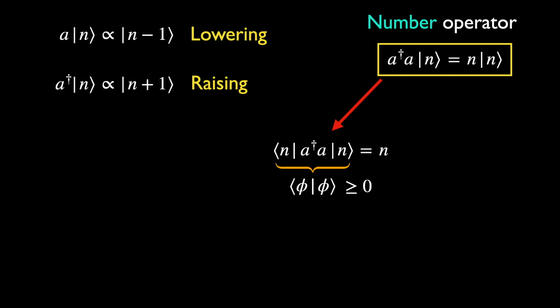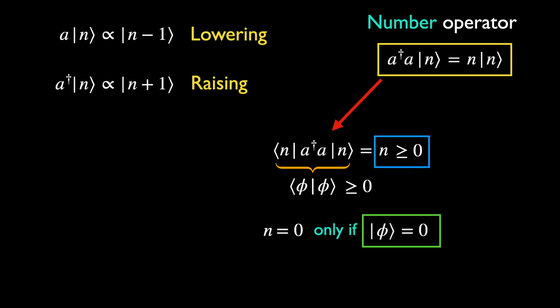This means n will also satisfy the same inequality. Therefore, the smallest possible value n could have is 0. And this can happen only if the vector phi is 0. This corresponds to the condition where A acting on the eigenstate with eigenvalue 0 equals 0.